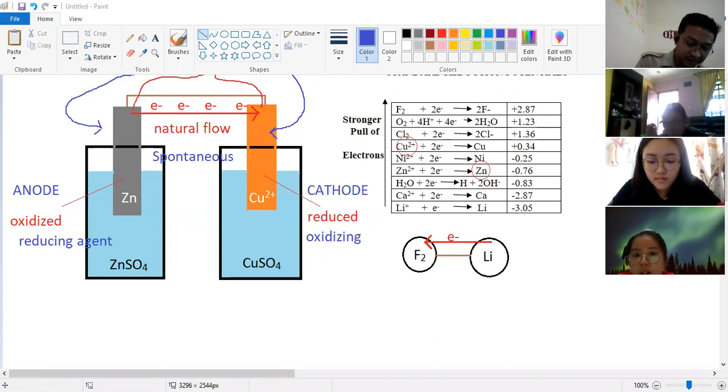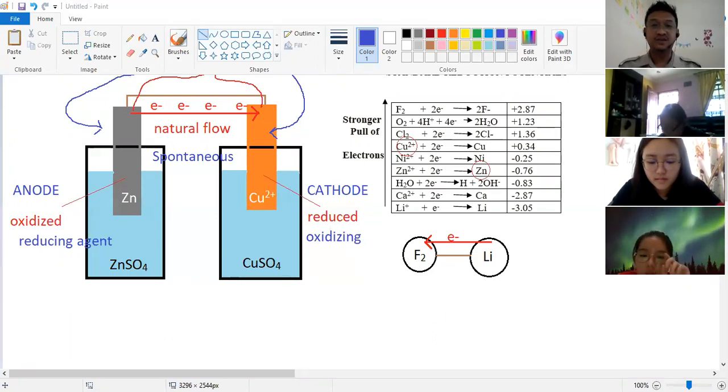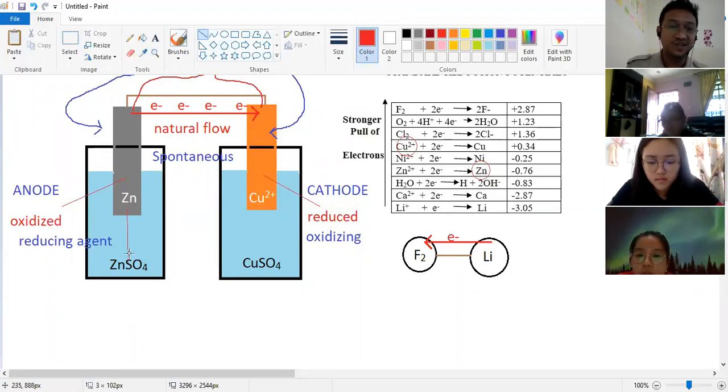That is correct. So if zinc gives up 2 electrons, what will happen to zinc? Zinc will become 2 plus, so that is correct.